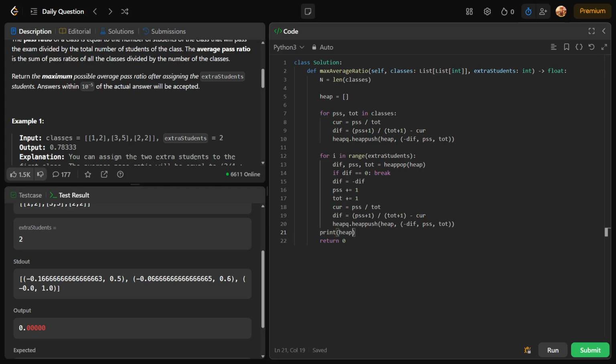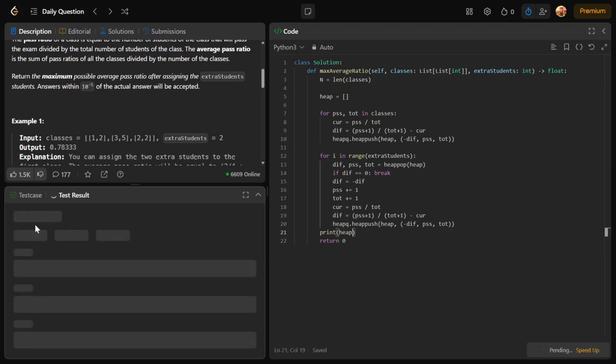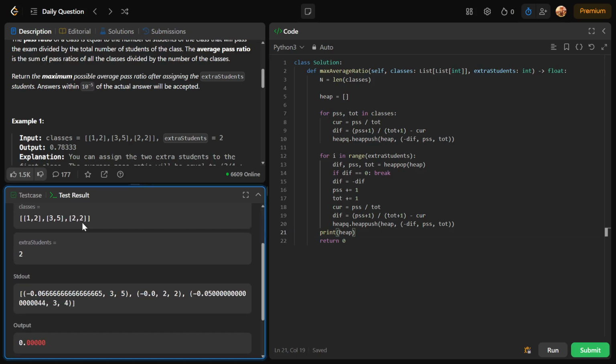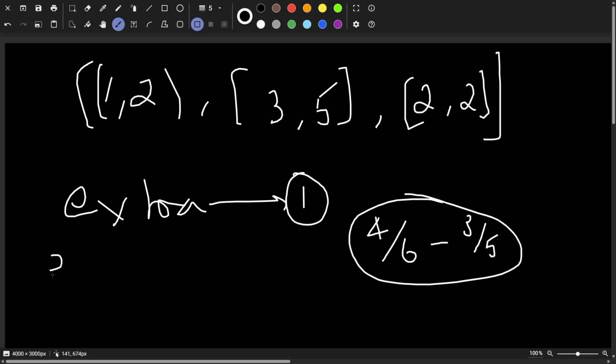Let's print out the heap again. Three by five, 2 by 3.